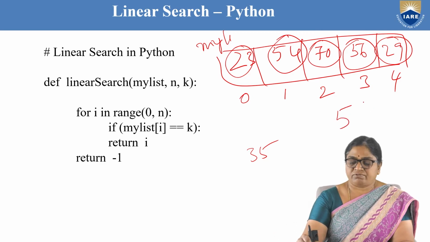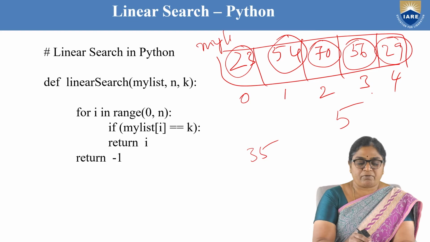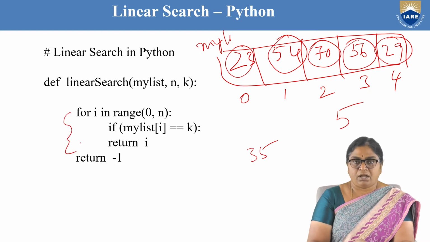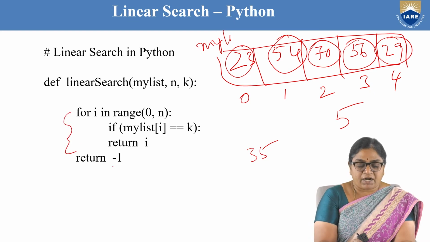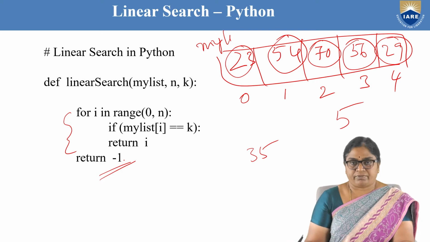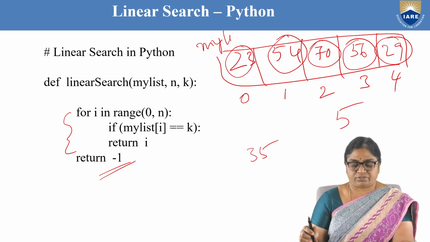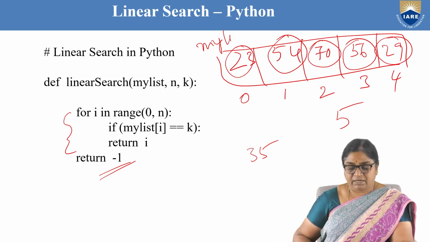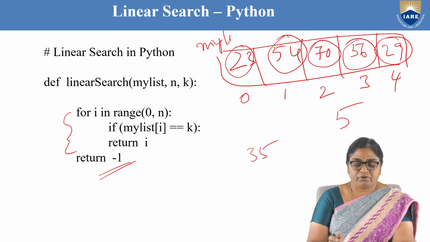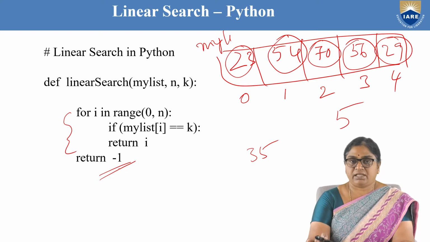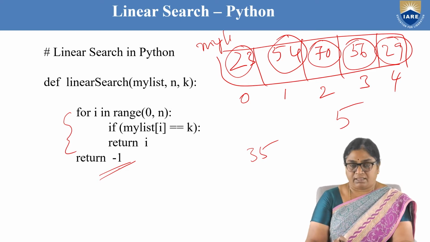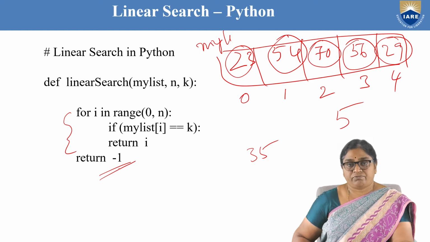When I becomes 5, automatically we will come out of the loop, and we will return -1, which indicates it is an unsuccessful search. So when the key element is not found, we are returning -1. When the key element is found, we are returning the exact index of the key element at which we found.